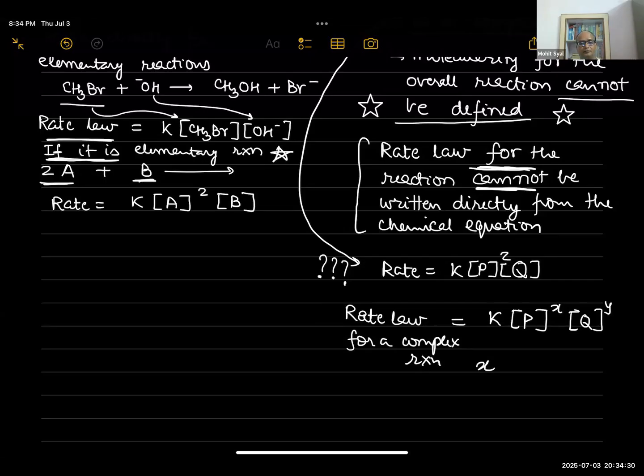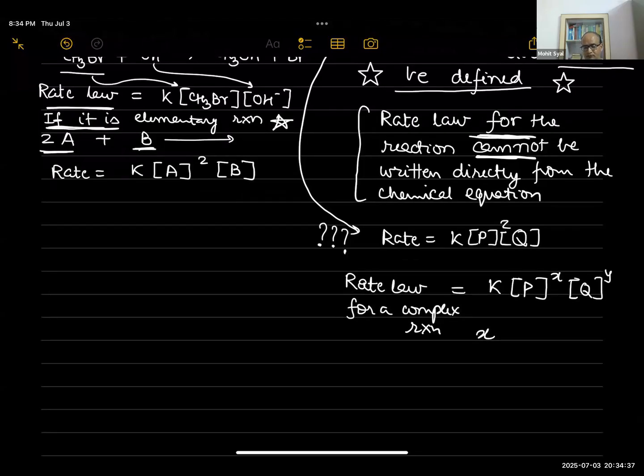We discussed the experimental method to find the rate law. So x and y can be determined by experiment.